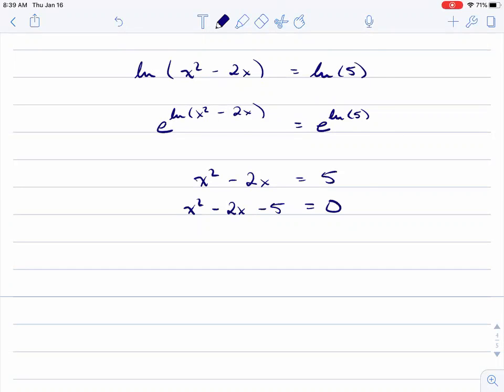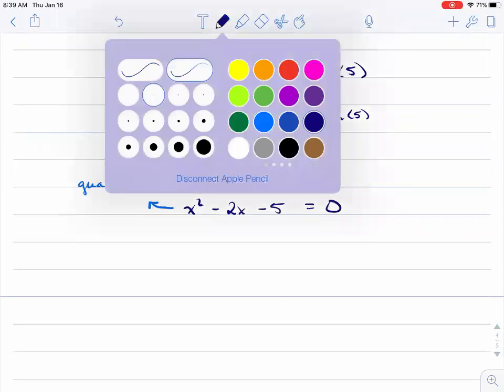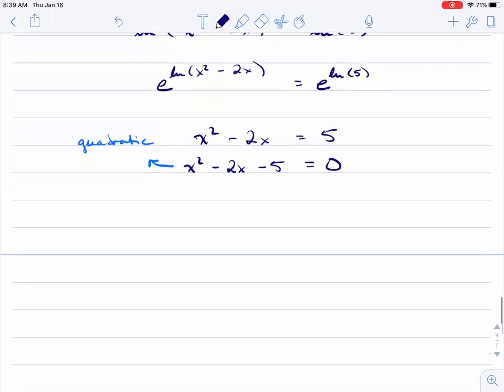And now you might remember the quadratic formula. Now we've got a quadratic, so you might have it committed to memory. You might not.